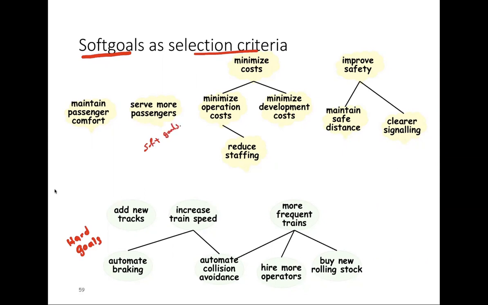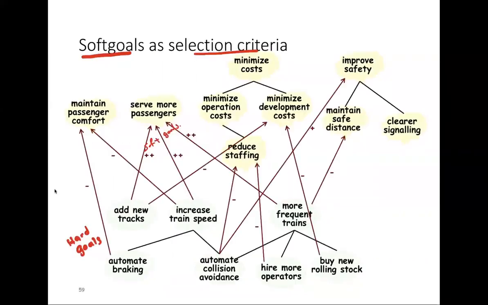And then most importantly, at some point, is to list the relationship between the soft goals and hard goals. This is for the development case study. Like if you would like to build a train, what are the expectations of the soft goals that you need to achieve in addition to the hard goals? And you have to list the relationship, either plus or minus, double pluses or double minuses.